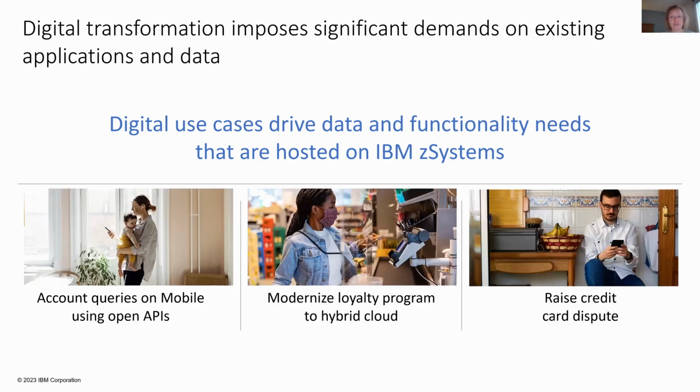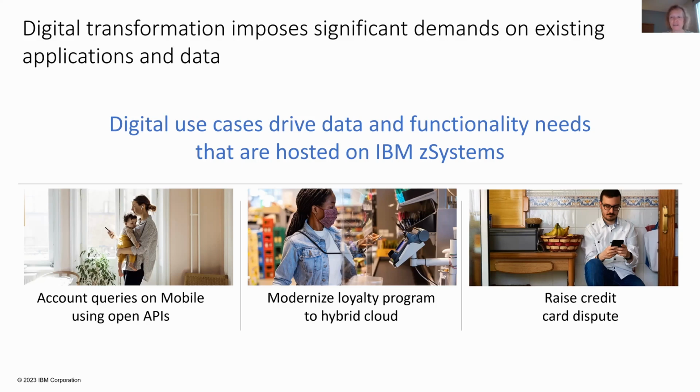Just to very shortly level set, and you heard this, I think, already 1,000 times, the pandemic really accelerated the digital transformation around the world. Access to all functions via digital means became absolutely necessary.